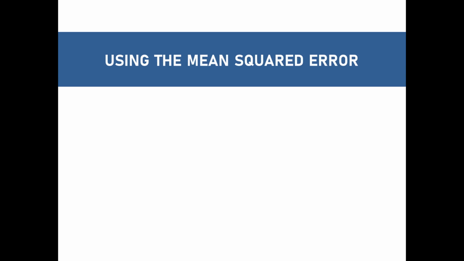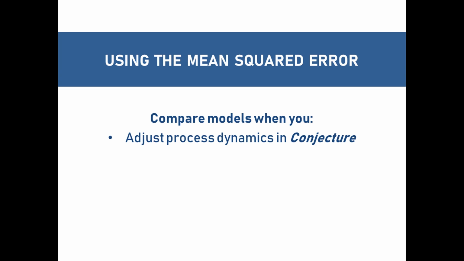Throughout this training series, we've talked about how to use the mean squared error, or MSE, to compare models fitted to the same process in Conjecture, with a lower MSE indicating a better fit. You can use the MSE to compare between different models built by adjusting the process dynamics in Conjecture or by making transformations to the inputs.